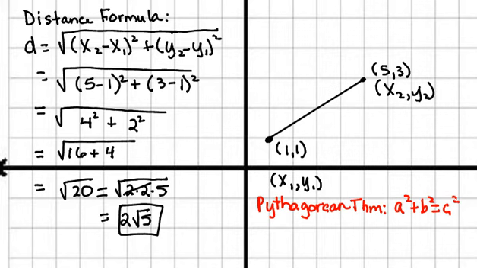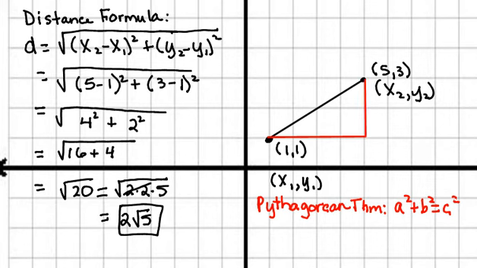So what I'd like to do is connect my first point with a horizontal and vertical line to get to my second point. So I'm going to draw a line from (1, 1) directly to the right until I get right beneath point (5, 3). And I'm going to do the same thing vertically to connect the 2 points.